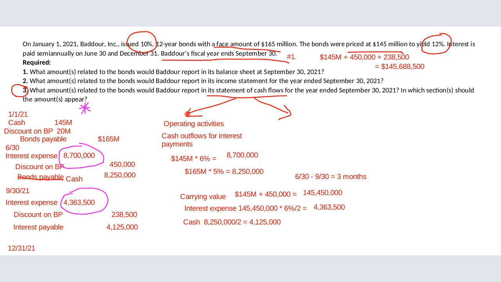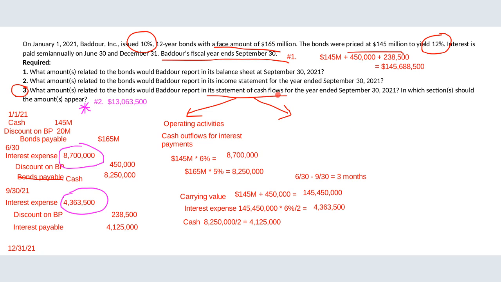So number 2, 13,063,500. That's the total of our interest expense that will be reported on the income statement.